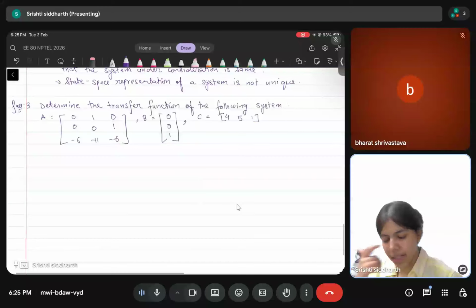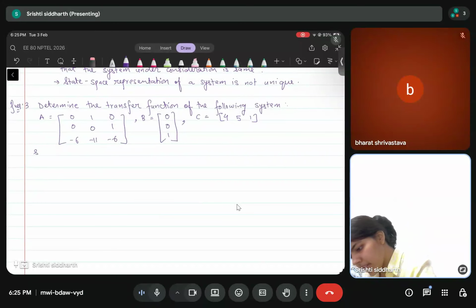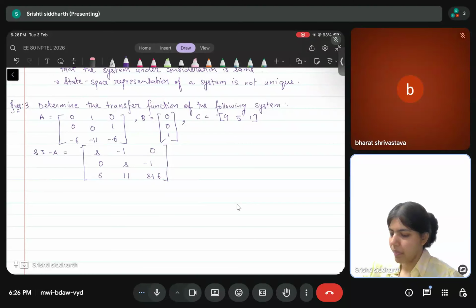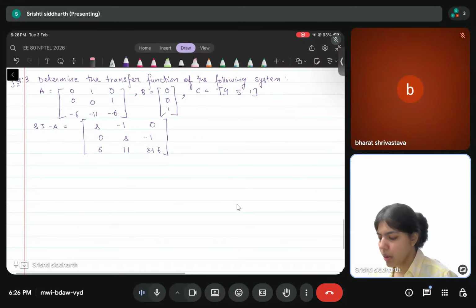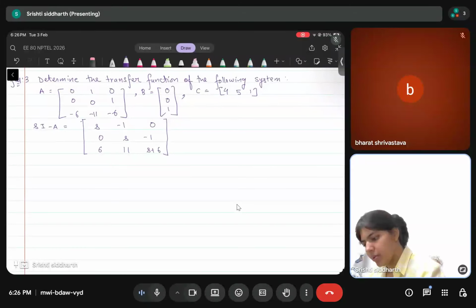Okay. So we still want sI minus A inverse, right? So sI minus A is, add the diagonal entries first: s, s, and s plus 6. And then the other entries are simply -1, 0, -1, 0, 6, and 11. Now to compute sI minus A inverse, we can use its cofactors and adjoint matrix, right?